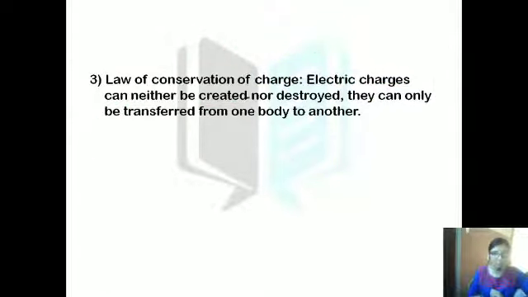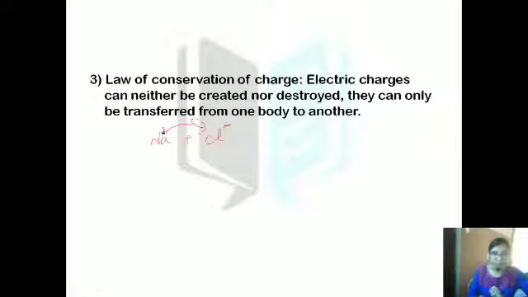Now the third property is that charges are conserved. What do we mean by that? Suppose we have sodium and chlorine. Initially they are neutral. When sodium loses one electron, it becomes positive, and when chlorine gains one electron it becomes negative.